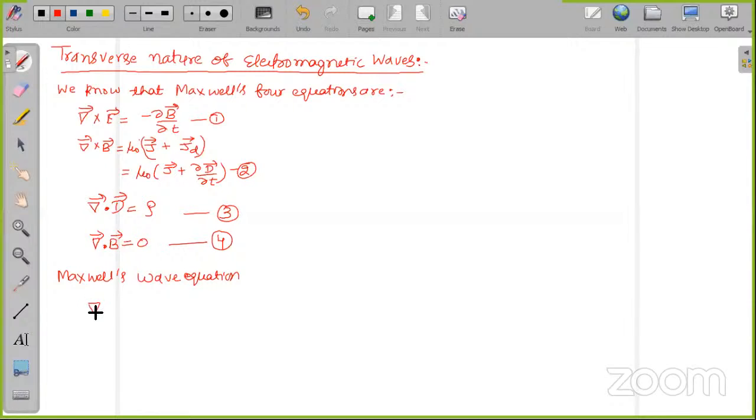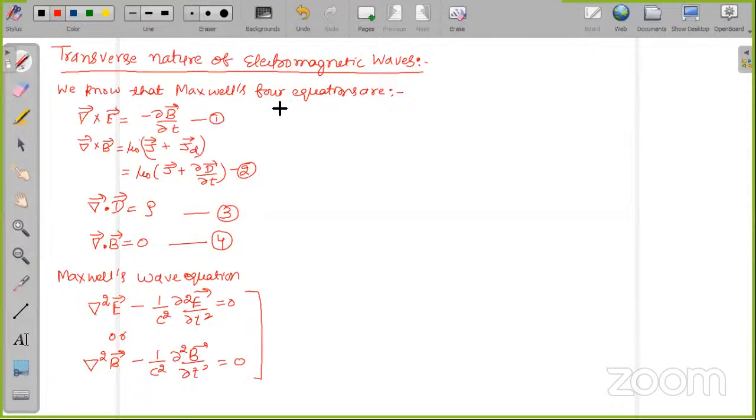It was del square E vector minus 1 by c square curly 2E upon curly t square is equal to 0. Or for magnetic field, you can write it like this: del square B minus 1 upon c square curly 2B upon curly t square is equal to 0. These were Maxwell's wave equations in vacuum.